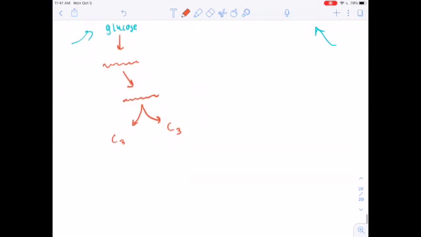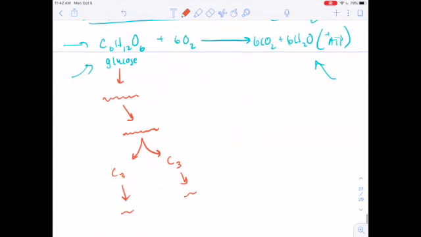And then each of these undergoes several chemical reactions, becomes slightly different. And then eventually what's left of this will combine with oxygen at the end. So by breaking it down step by step, the cell gets ATP out of this instead of heat. So take home message: this doesn't happen all at once.